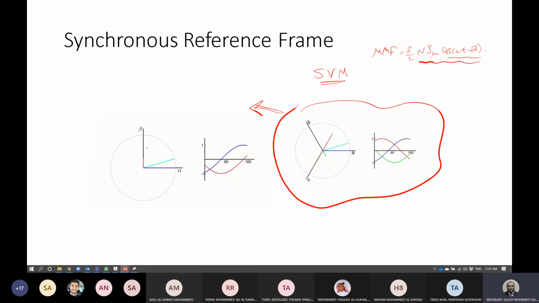However, the value of B will be changing all of the time. And there is a relation to convert B and C to beta. We will see the relations now. But finally, we will have two vectors now, alpha and beta. And the phase shift between them is all of the time 90 degrees. And it can produce the same corresponding space vector. The same corresponding vector, guys, here, which is rotating, is similar to the one here. So it has the same representation now, but we just converted 3-phase into 2-phase.